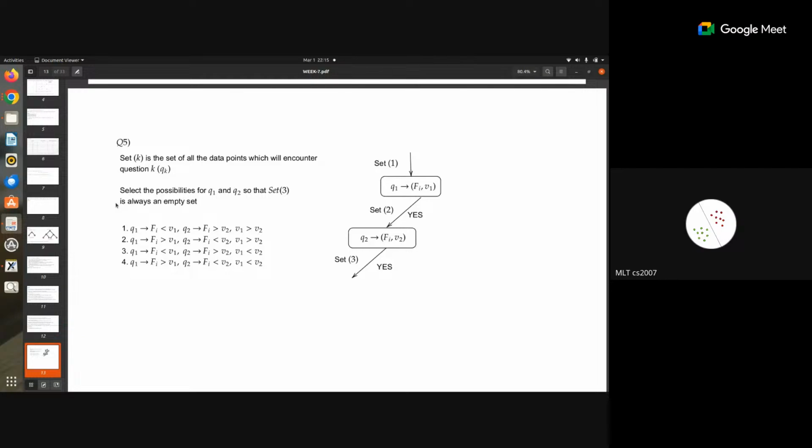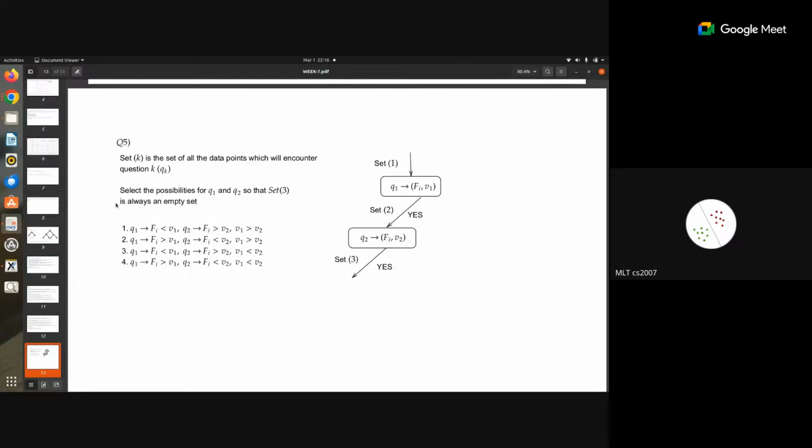What do you mean by V1 being greater than V2? In Q1 we are asking whether Fi is greater than V1. Once we go through question 1, we get Fi which is less than V1, and then in the second we are asking if it is less than V2. First of all, V1 is greater than V2.